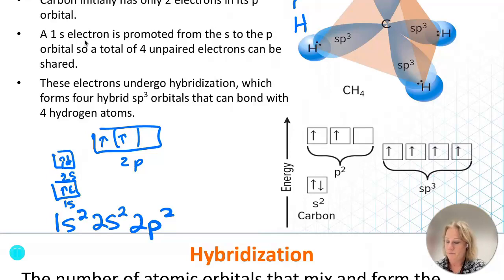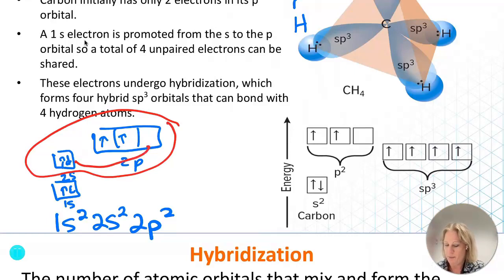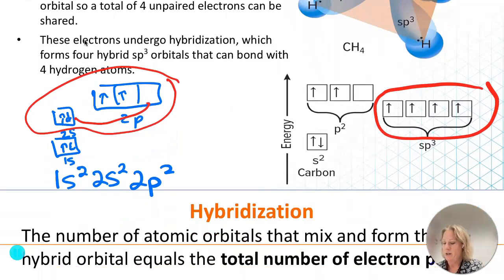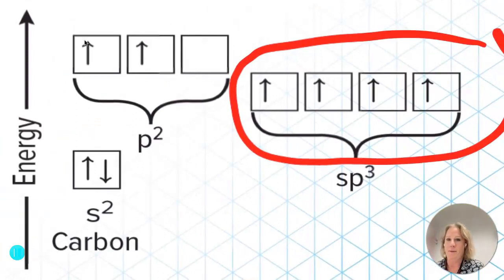These orbitals will merge together. So one of these s electrons jumps into the p, and they end up all at the same amount of energy. We call that sp3 hybridization, because now there's an original s in these three p's.